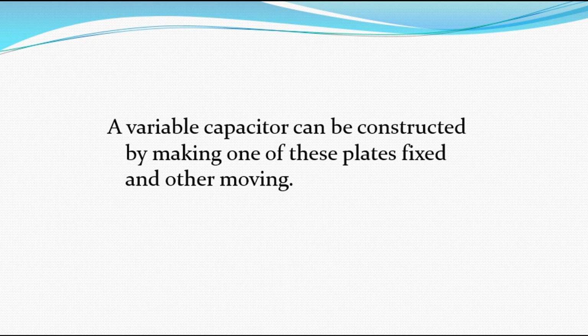What are the parameters? A variable capacitor can be constructed by making one of these plates fixed and the other one movable, either increasing or decreasing the distance. That is what I mean by variable.